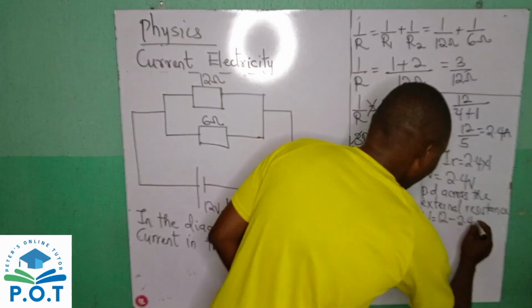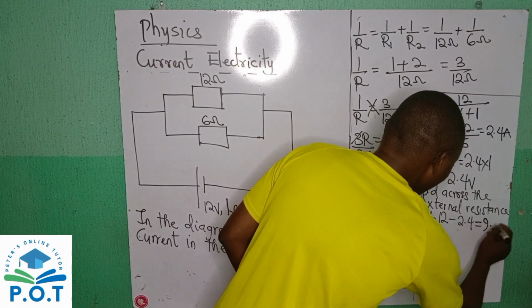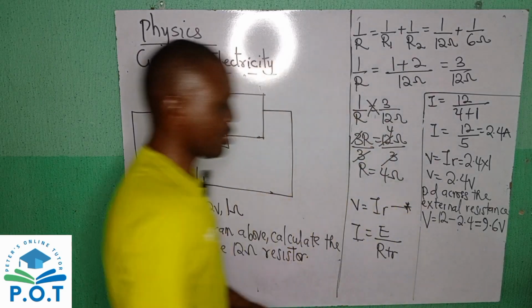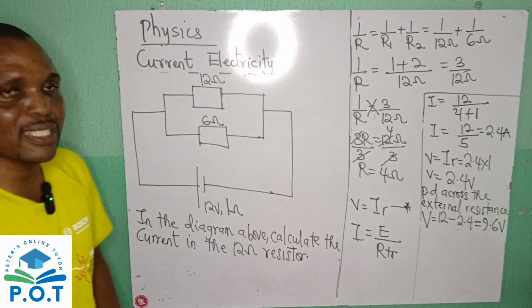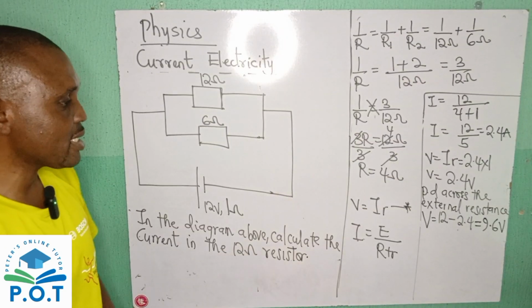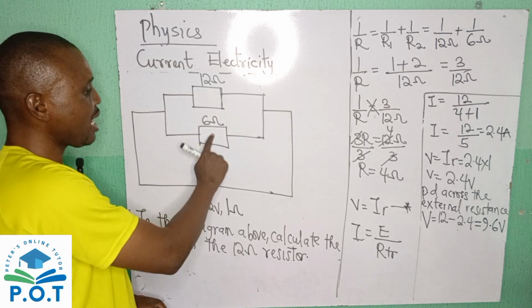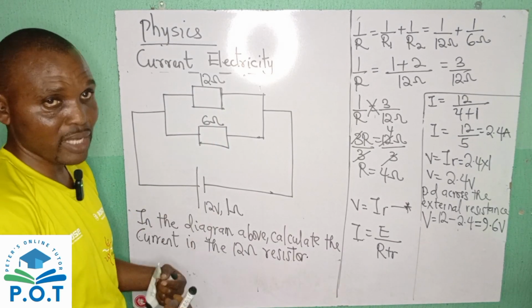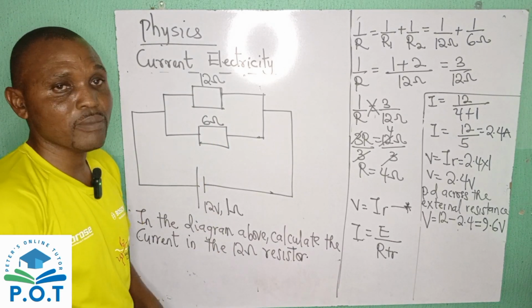So when we subtract, we have 9.6 volts. So 9.6 volts is the PD across 12 and 6. Remember, they are in parallel, so they have the same potential difference.